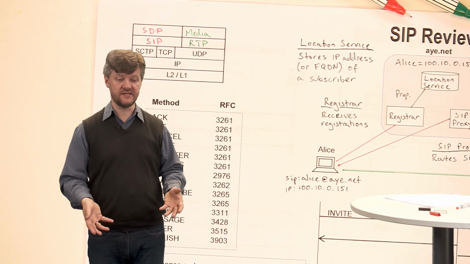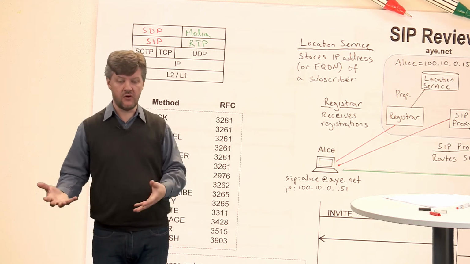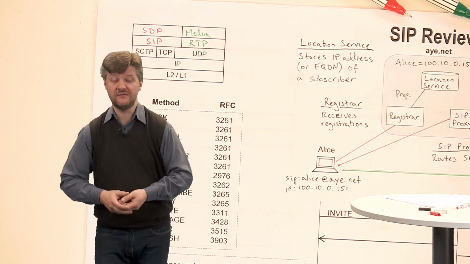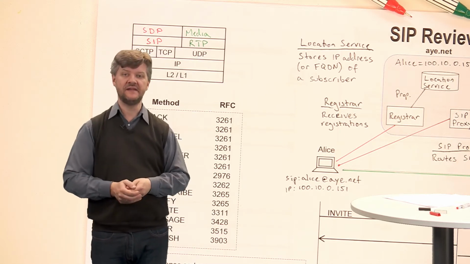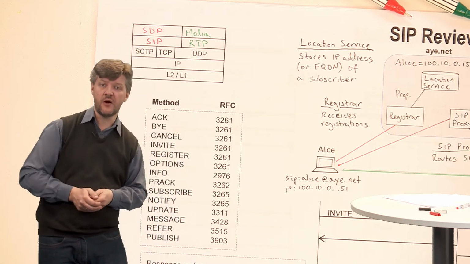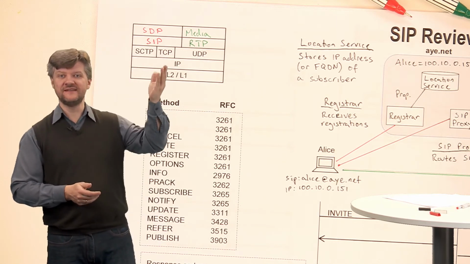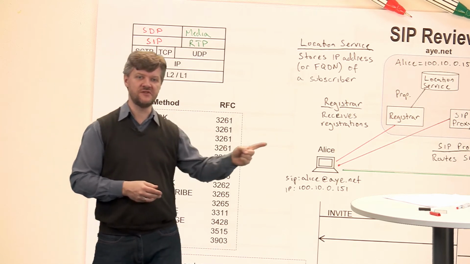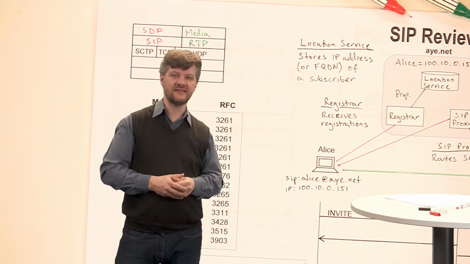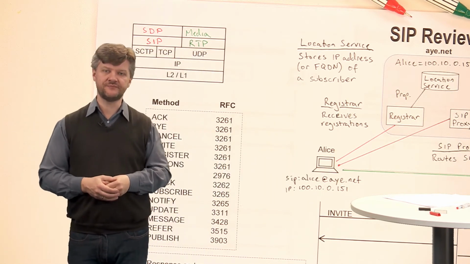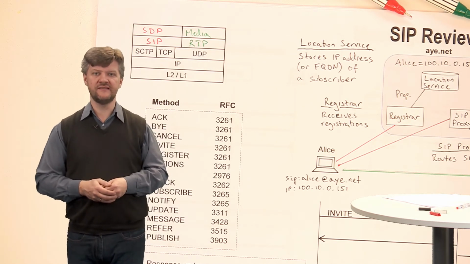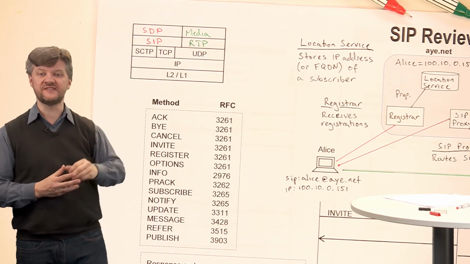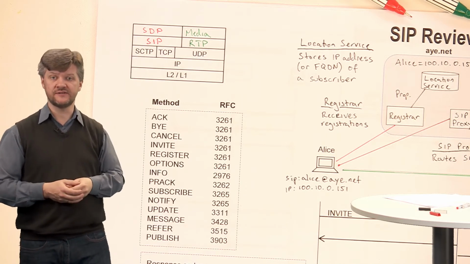You can send a SIP message and attach a JPEG or a PDF or an Excel file if you want to. It's not very common to do that, but you very much technically can. What is very, very popular to do is to send SDP, a little text file with a description of this green line as an attachment in a SIP message. So that's in the way in which SDP is on top of SIP in this protocol stack.